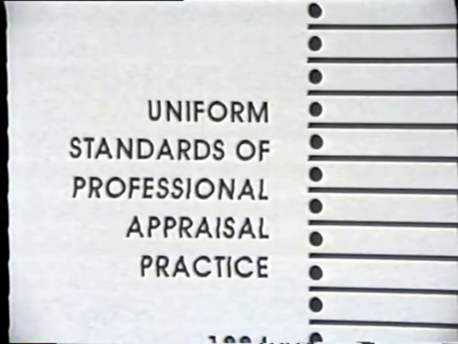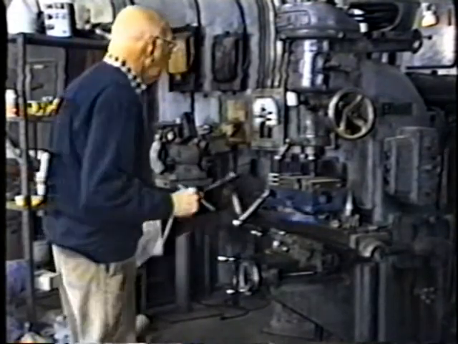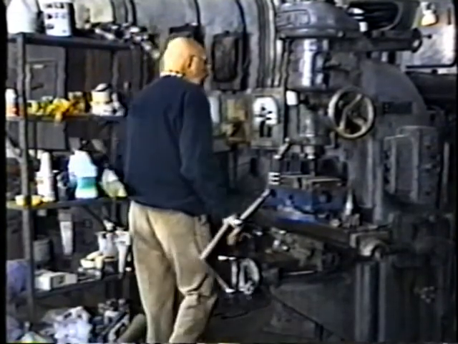My analysis, opinions, and conclusions were developed, and this report has been prepared in conformity with the uniform standards of professional appraisal practices. I have made a personal inspection of the property that is the subject of this report.